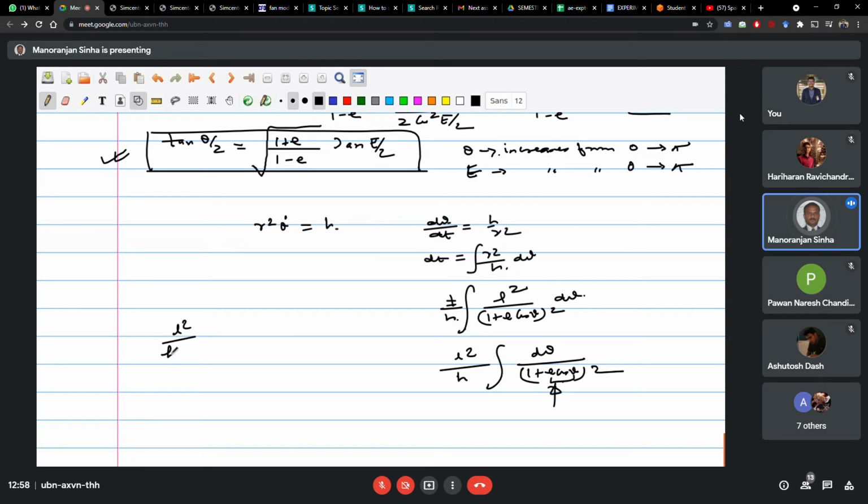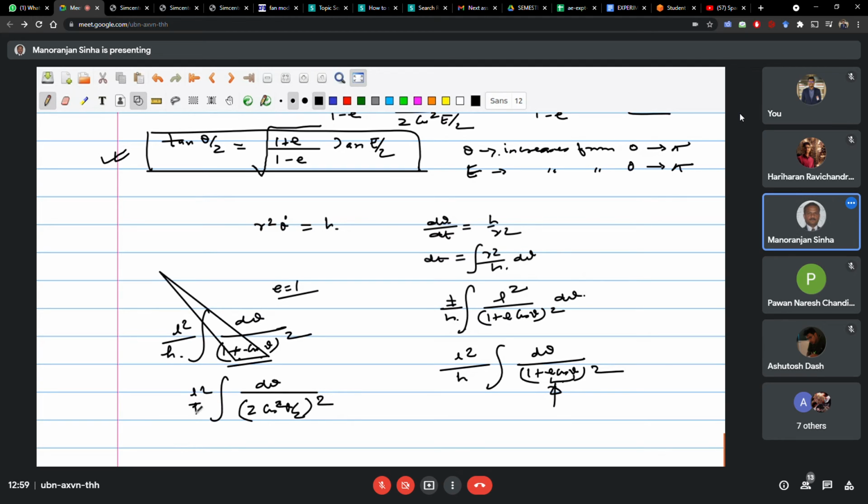On the other hand, if this is the case of a parabola, this is simply 1 by cos theta whole square, because in that case e equals 1 for parabola, and you can integrate it directly. For this quantity, 1 plus cos theta is nothing but 2 cos square theta by 2, whole square. So we get L square by 4h, and then sec to the power 4 theta by 2 d theta.